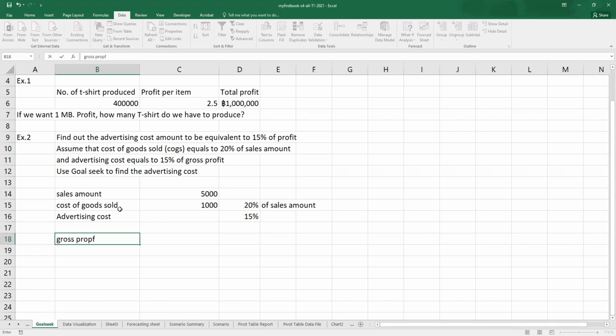In order to find gross profit, the way that we have to do is that you have to subtract from the sales amount the cost of goods sold and the advertising cost, right? So this one makes you have the gross profit, isn't it?